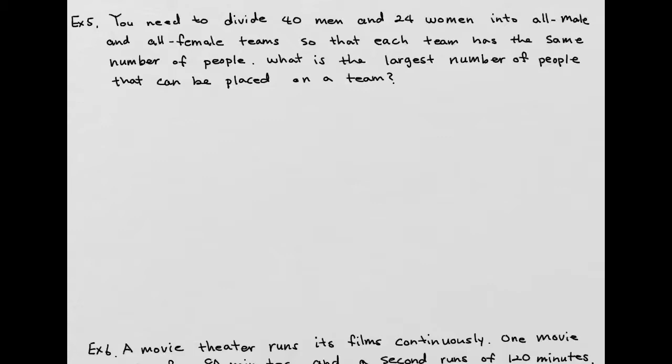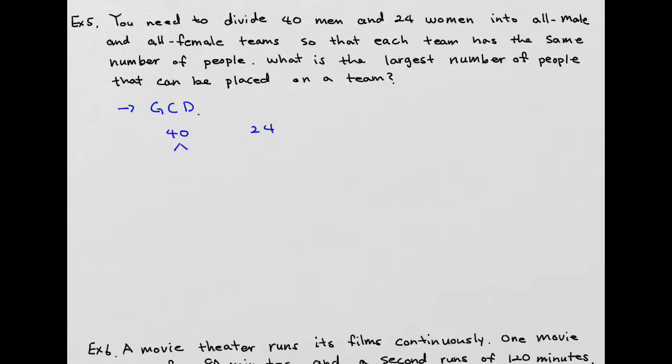What is the largest number of people that can be placed on a team? So basically they're asking for the greatest common divisor. And we have 40 and 24. Find the prime factors first.